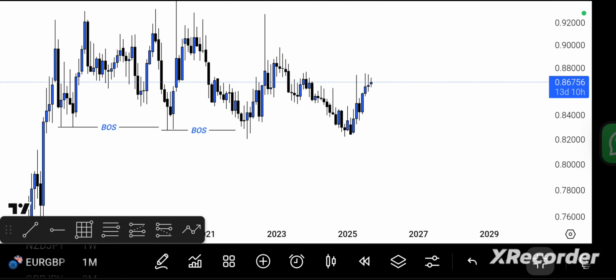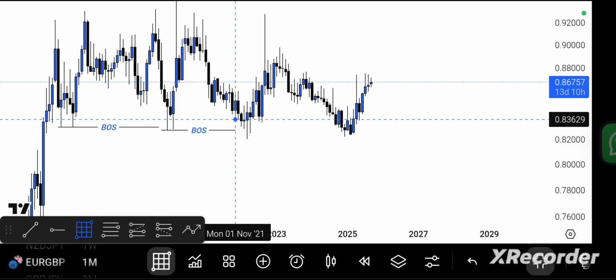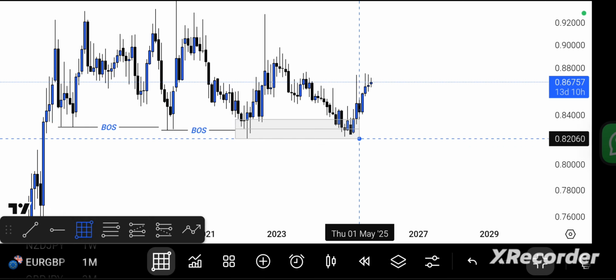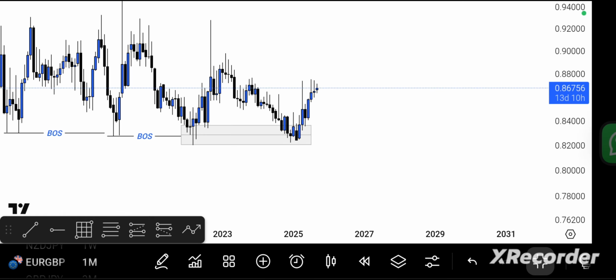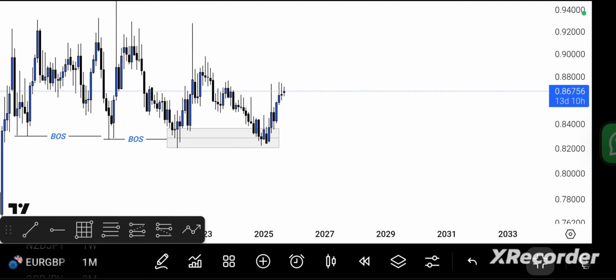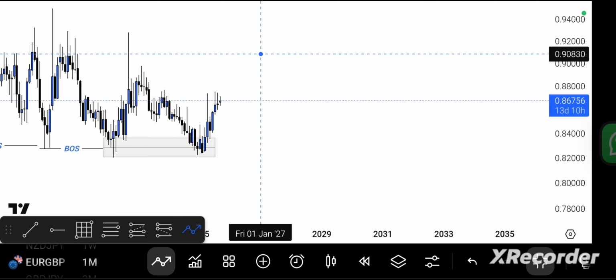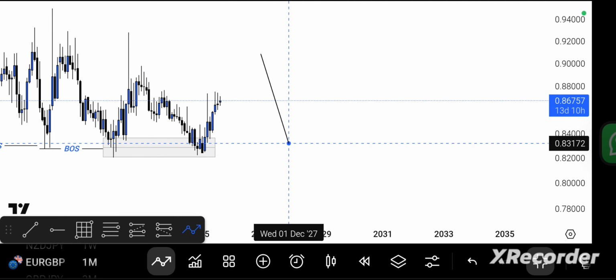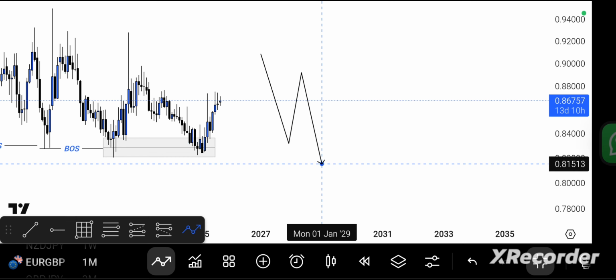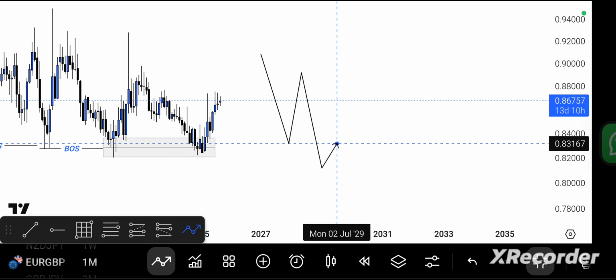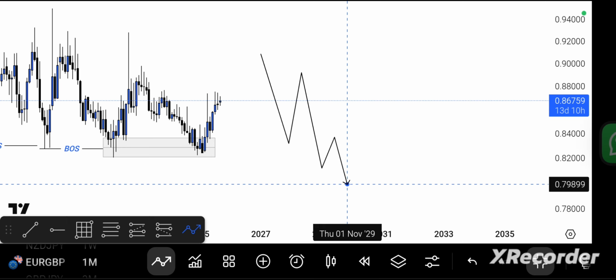So currently I see that the market is reacting off this supply zone, which means it's a supply to demand to supply flip liquidity. Like I said, when I have a break of structure, for this case we are going to be using a downtrend, right? So if there is no internal liquidity, we expect an external inducement.